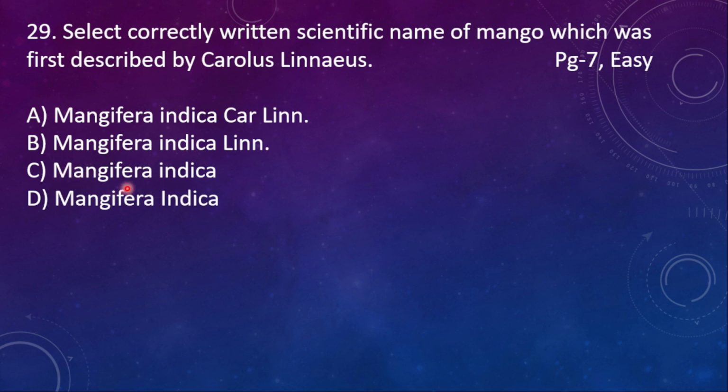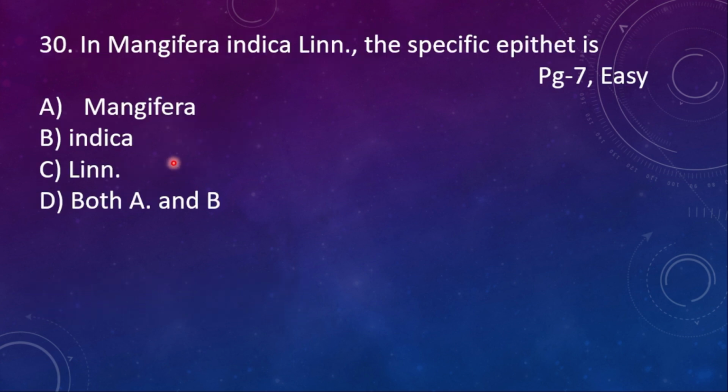Mangifera indica, this is also correct, but this is the complete one. Genus and then species, and with the abbreviated form of whoever described it, that one is the fully correct scientific name. So you must go with this. If the option Mangifera indica Lin is not there, you can go with the other option. So Mangifera indica Lin is the correct one.